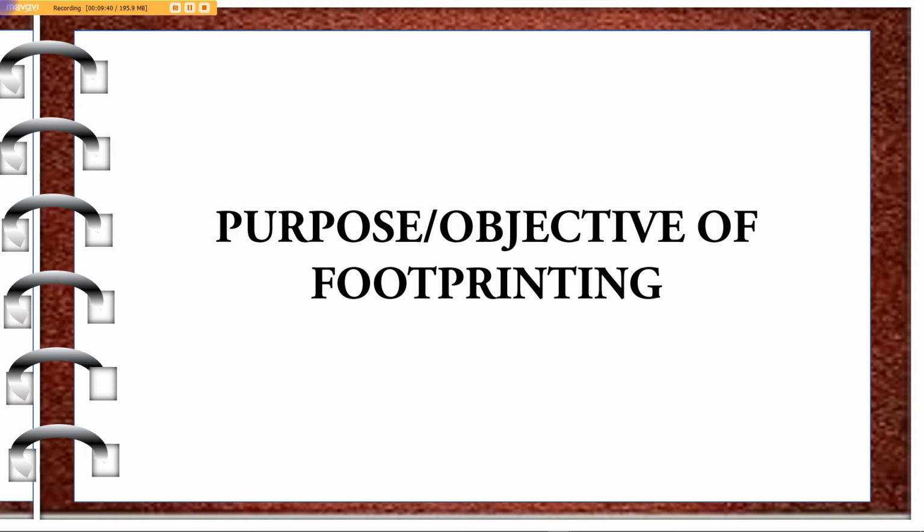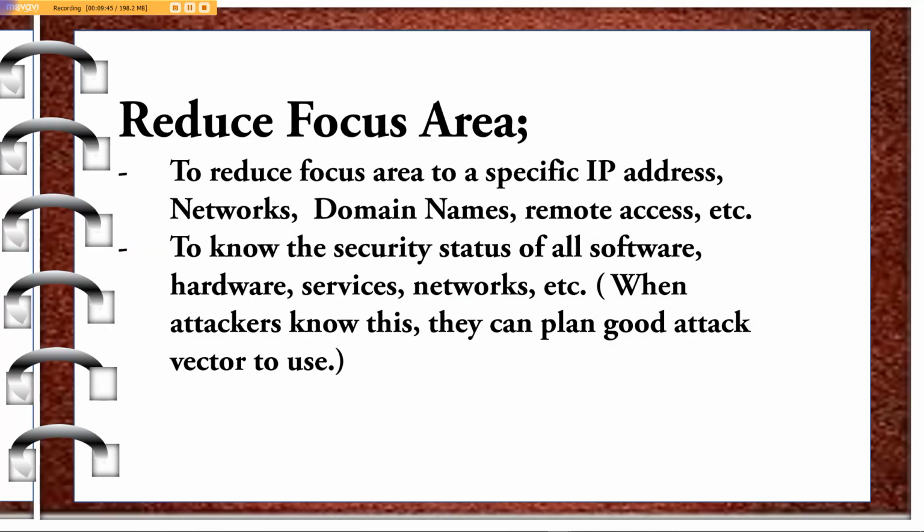Now, the purpose or objectives of footprinting. Why do we actually run this footprinting exercise? Number one, an attacker runs this exercise to reduce the focus area to a specific IP address, networks, domain names, remote access. In an organization, there are a lot of systems running.